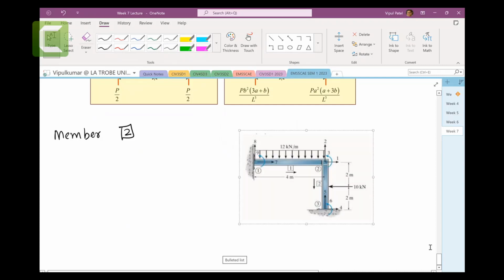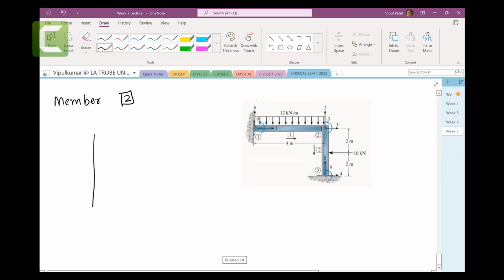So for example, for this member number 2, which I'm going to draw up here, the arrow is going this way. 10 kilonewton is applied this way. And we have these 1, 2, and 3, and you have these 4, 5, and 6. The length is 4 meters, as you can see here. If this 10 kilonewton is not here, all these other forces are 0 as well.